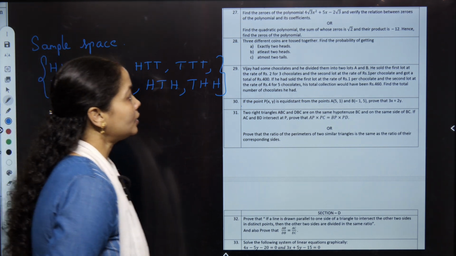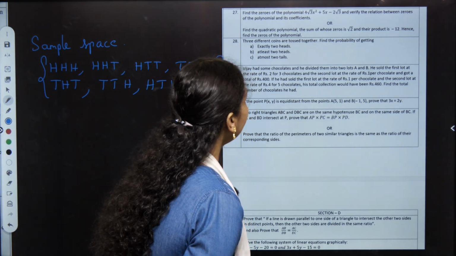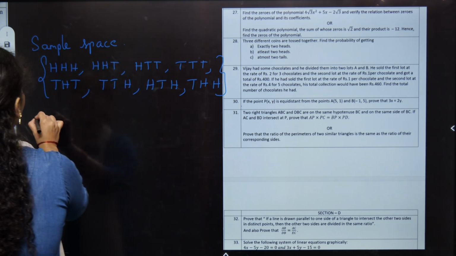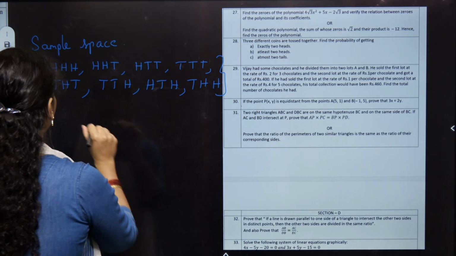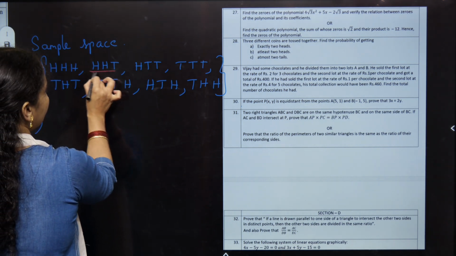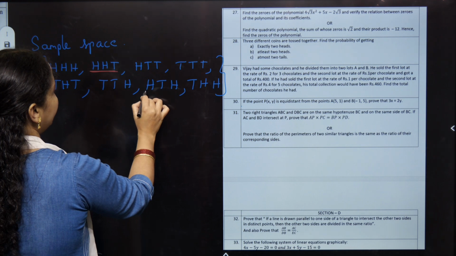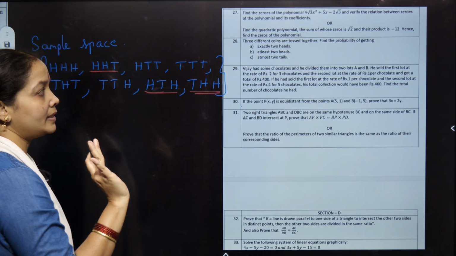Now let us go back to the question and check what is needed. Find the probability of getting A, exactly 2 heads. They are concentrating on exactly 2 heads. So out of this, exactly 2 heads I am getting in these positions: HHT, HTH, THH. So 3 possibilities are there.